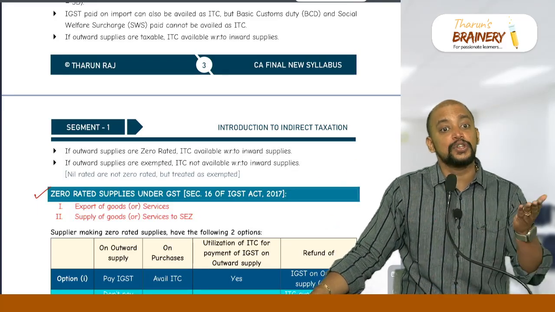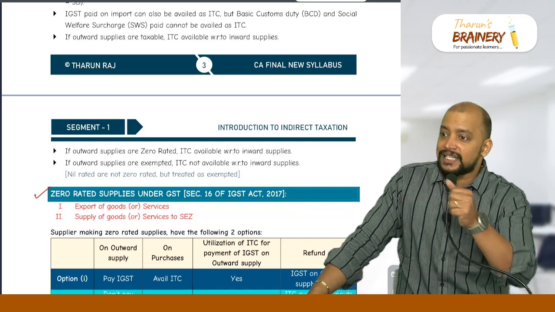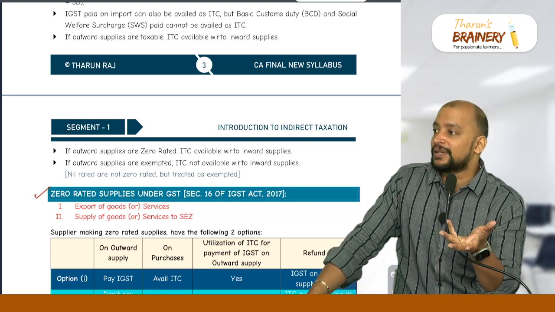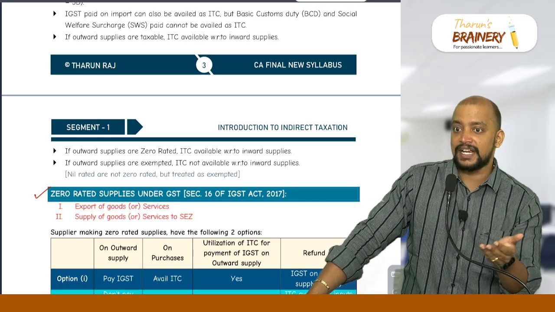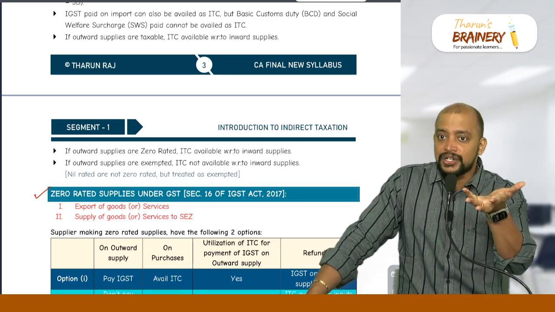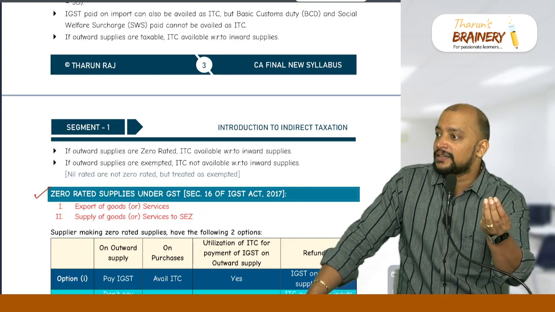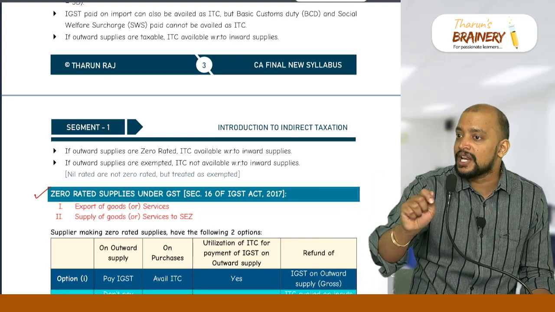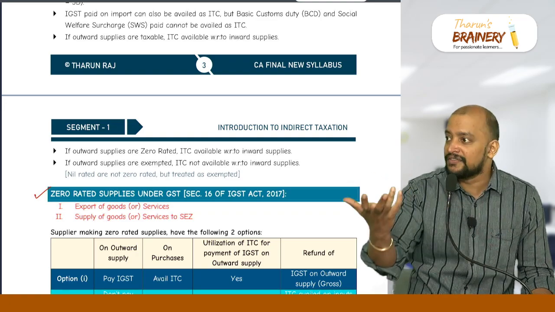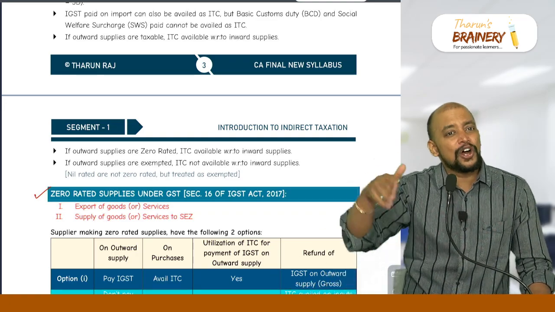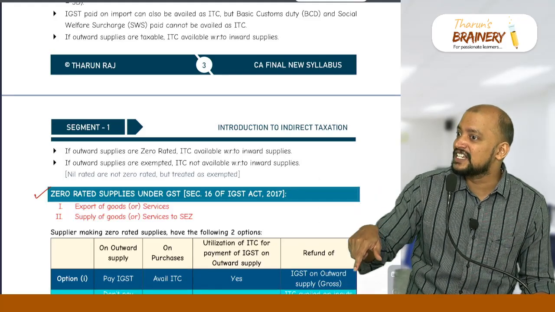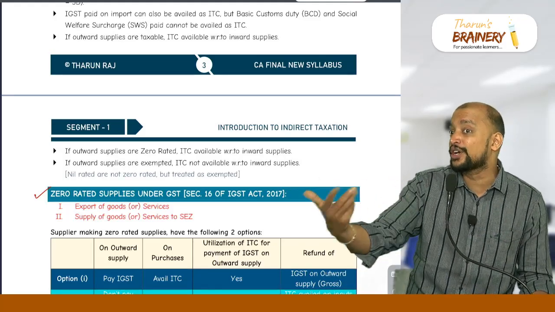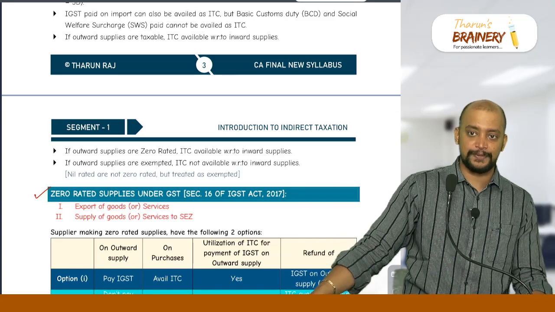Indirect material is used, but it may not be present in the finished product, like consumables which get exhausted in the process. For example, to run a machinery we buy some fuel, and to wash the machinery we buy cotton waste. These will not be present in the final product, correct? But even then we can take ITC with respect to that, because it is used in the course or furtherance of business.